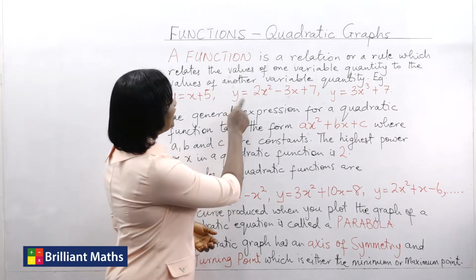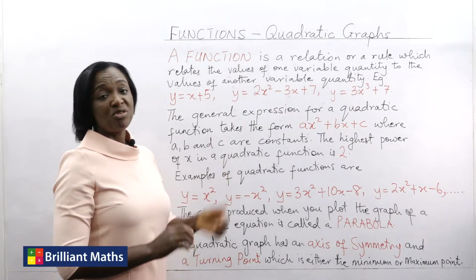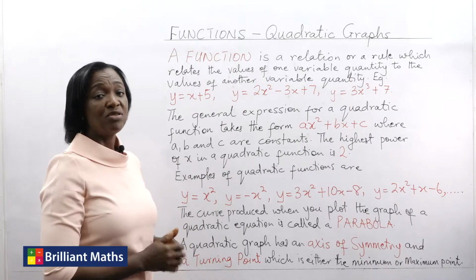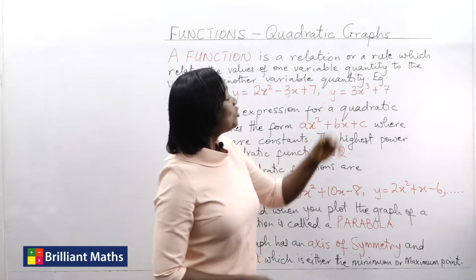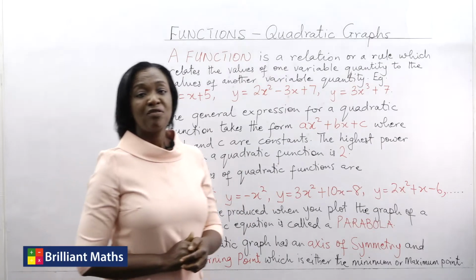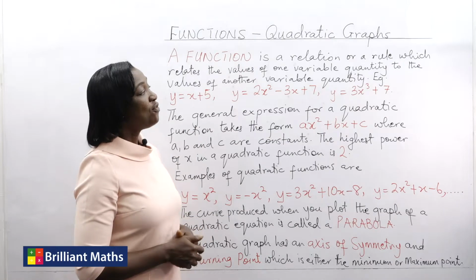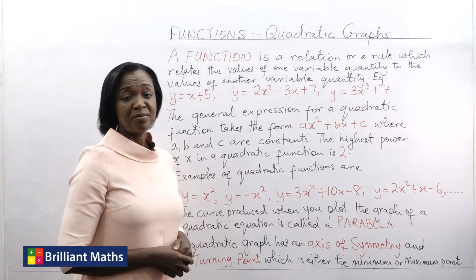We have y is equal to 2x squared minus 3x plus 7, and that is an example of a quadratic function. Y is equal to 3x cubed plus 7 is an example of a cubic function. But for today, we'll be looking at quadratic functions and quadratic graphs.